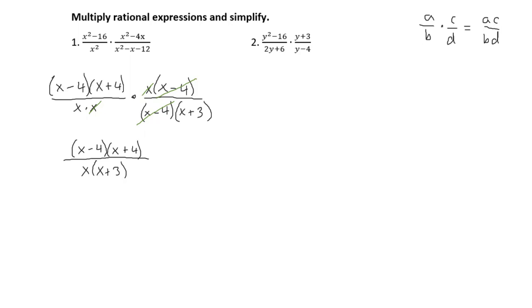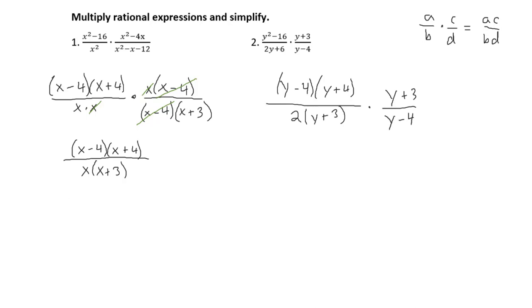All right, let's look at number 2. Again, difference of squares. So y minus 4, y plus 4. Two terms, so I'm going to do GCF, factor out that GCF, and that gives you y plus 3. And these are already just a binomial.